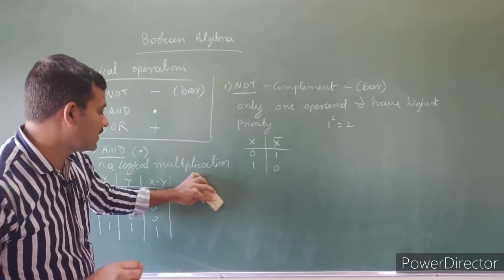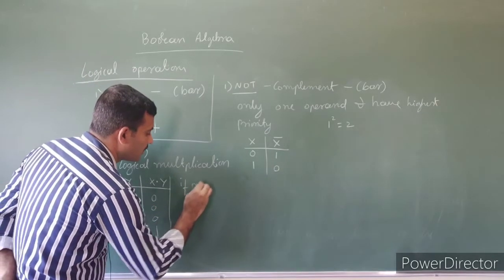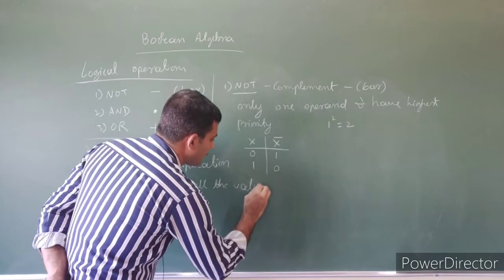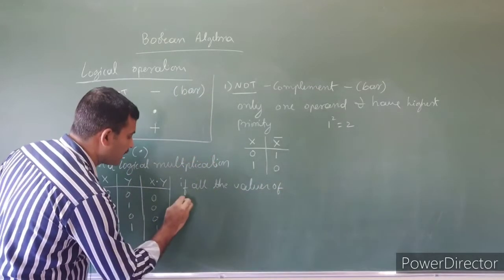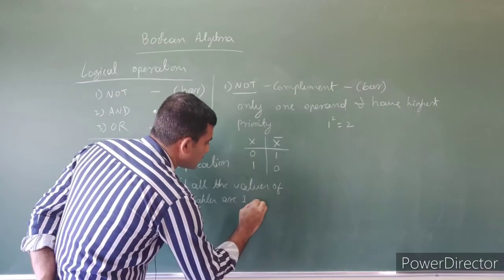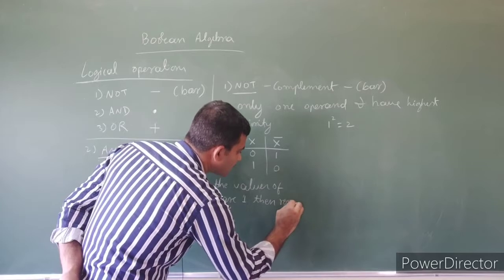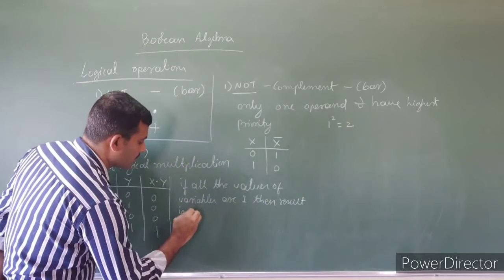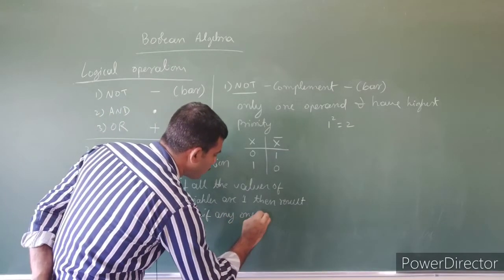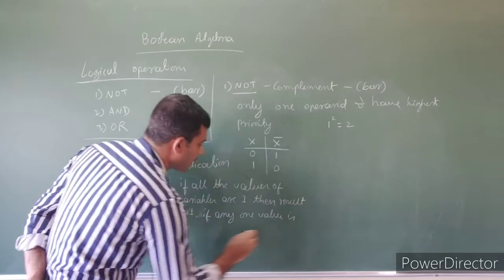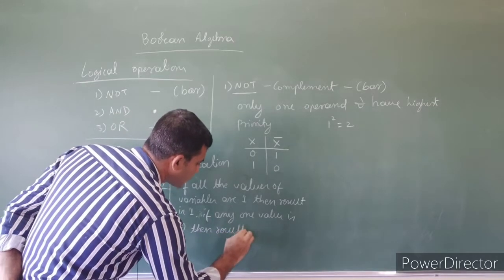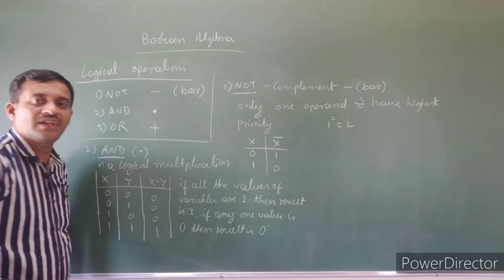What is the working of AND here? If all values of variables are 1, then the result is 1. If any one value is 0, then the result is 0. See the working.